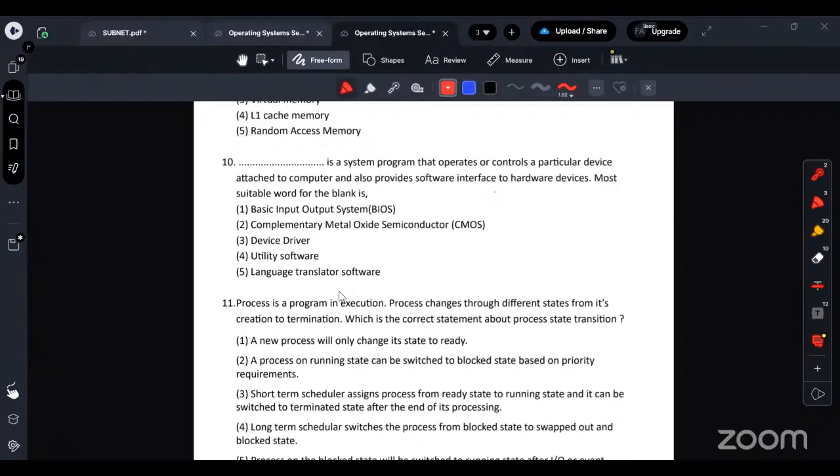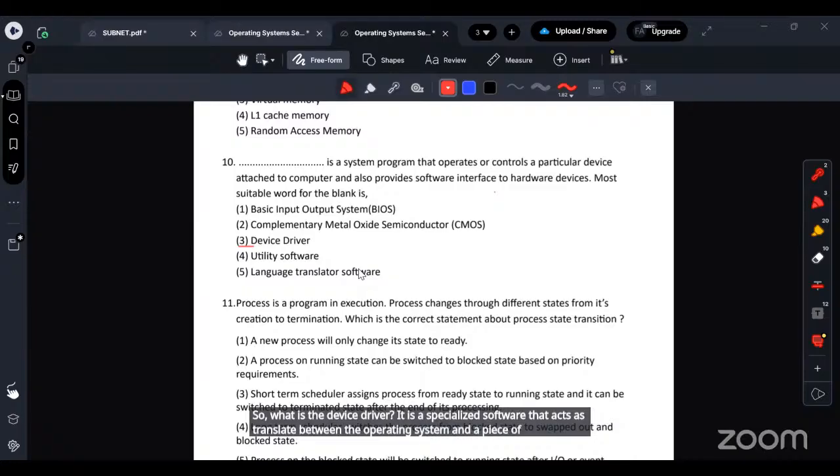Yes. So the answer is device driver. So what is a device driver? It is specialized software that acts as a translator between the operating system and a piece of hardware like a printer, graphics card, or mouse.